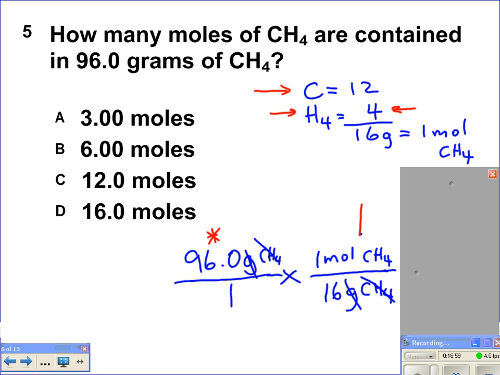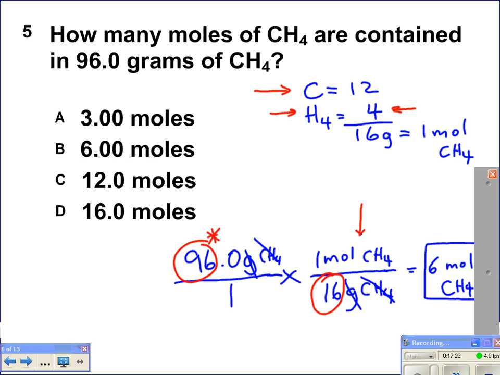And the molar mass here is going to be 16 grams is equal to 1 mole. And because we are wanting to cancel the grams out, which I've already crossed out, you can see that the grams cancel and we're left with moles of methane on the top. And when we divide the 96 by the 16, we wind up with a total of 6 moles of methane.